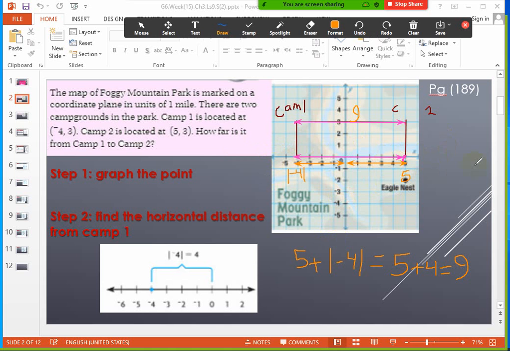If I want to find the horizontal distance, that means I have to use the horizontal axis, which is x here. So I will find the x for the first point. The x for the first point is -4, and the x for the second point is 5.